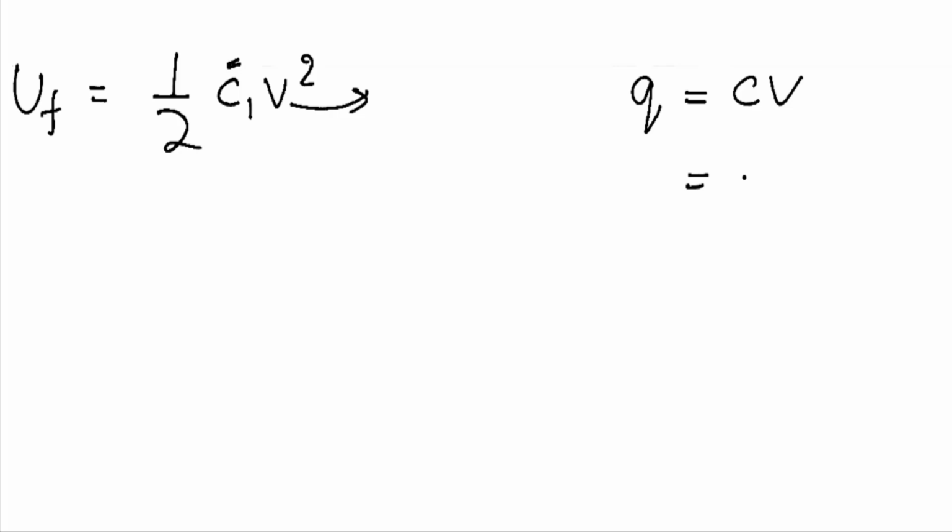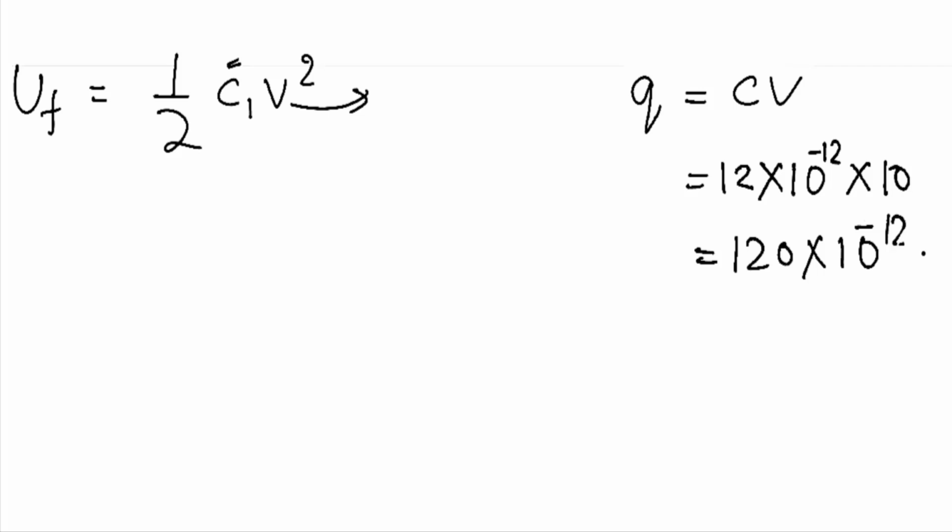So the charge will be C times V, with capacitance 12 picofarad, which in farad is 10 to the power minus 12, and the voltage is 10. So this will be 120 into 10 to the power minus 12 coulomb. We have the charge because of the potential and the capacitance.